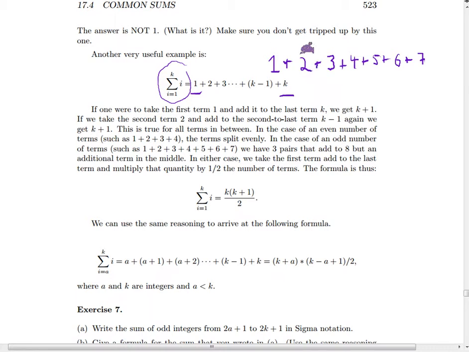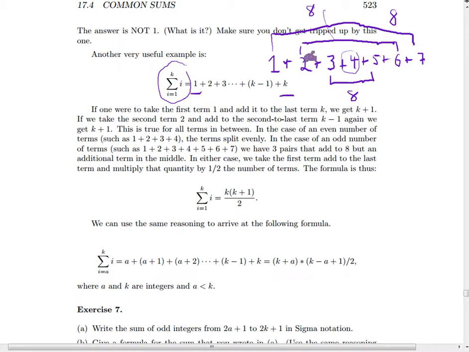Now, if we do this, then we can group these two, get 8. If we group the second with the second to last, we get 8. If we group the third with the third to last, we get 8. And then we have a 4 left over.